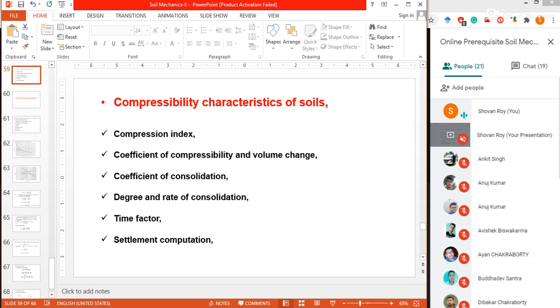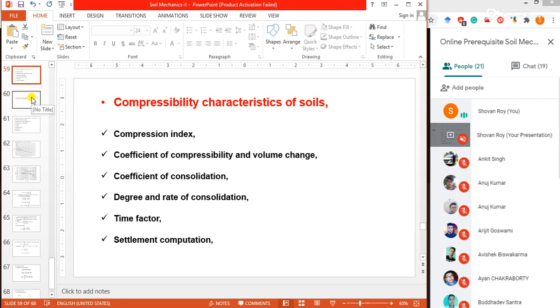The coefficient of compressibility and coefficient of consolidation, formulas we already saw in the last class. Today we'll study what is compression index, what is coefficient of compressibility and volume change, and what is coefficient of consolidation. Okay, these three things we will see today.